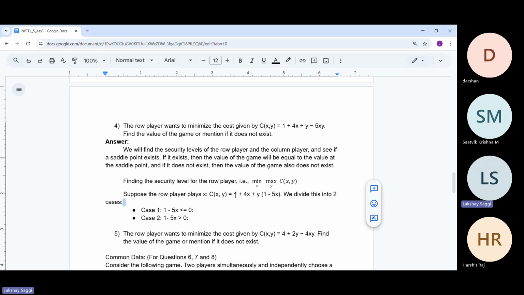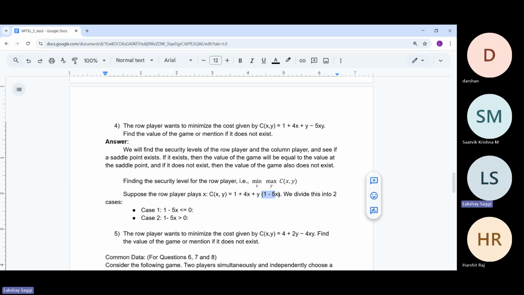So let's just see here. In this case, if 1 minus 5x is less than or equal to 0, what do you think y will choose? If this quantity is negative and y wants to maximize the whole term, we have to take the max over all y. For a fixed x, we have to take the y such that this quantity is maximized.